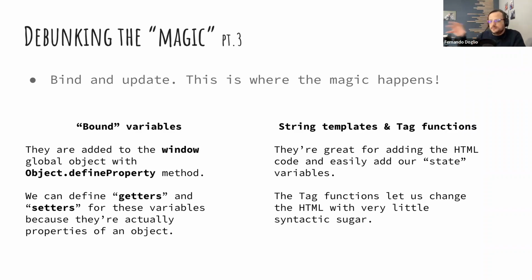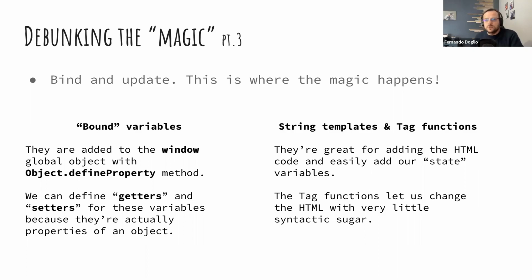And that is where the template string and the tag functions come into place. The template string, you probably know about it. It's a way that JavaScript gives you to create multi-line strings very easily and interpolate variables within it, again with a very simple syntax. It's a much easier way to do interpolation.